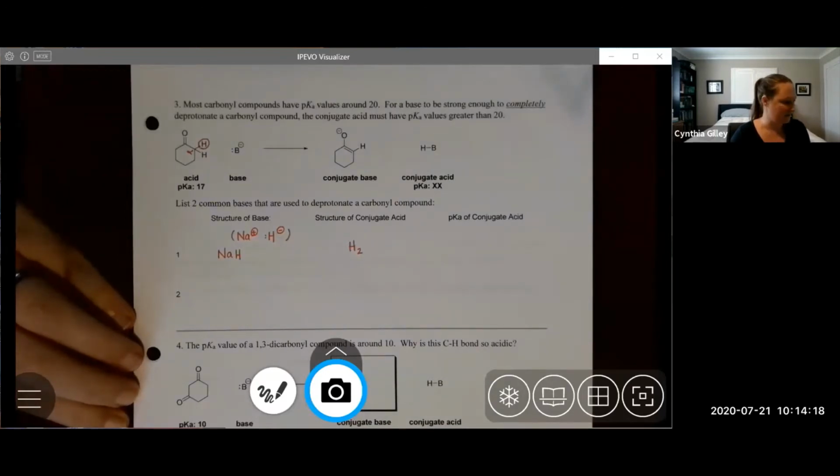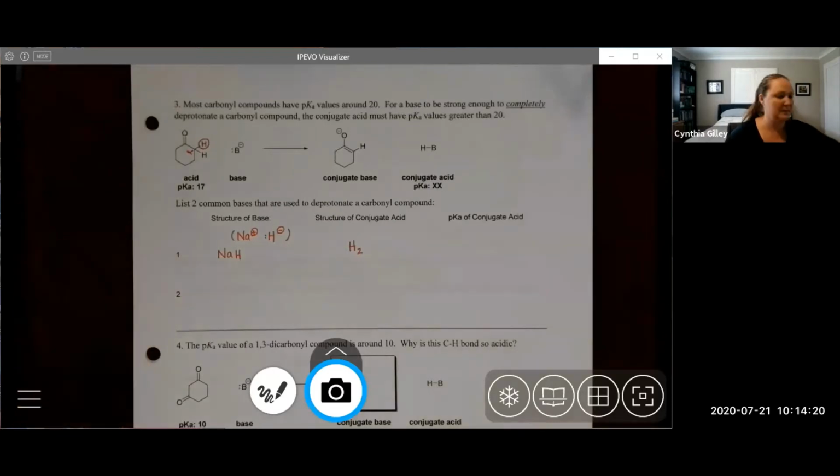I think I might have to look that one up. That's probably something like high 30s or 40s. Let's see, pKa of H2.